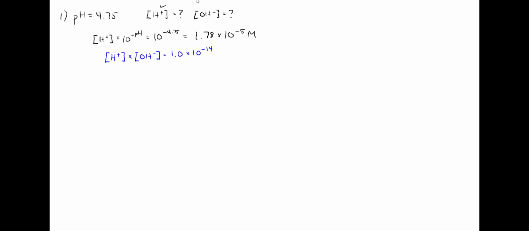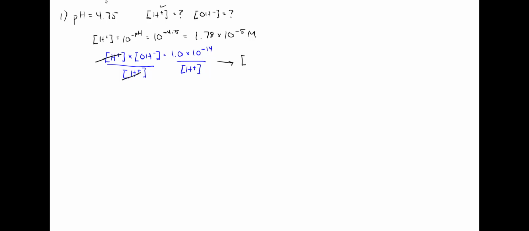So we can rewrite this equation, dividing both sides by the proton concentration. And that gets rid of proton concentration on the left and gives us this equation here.